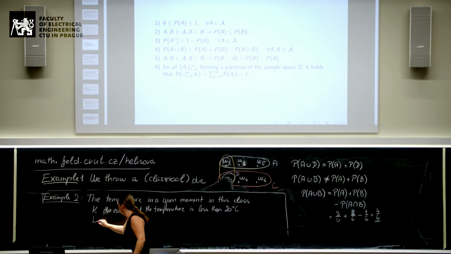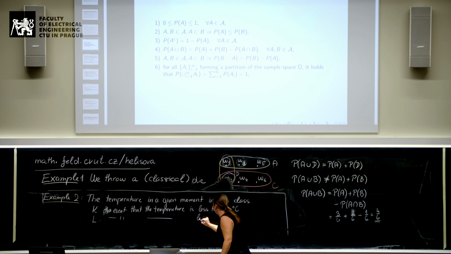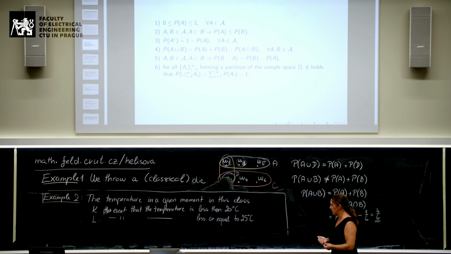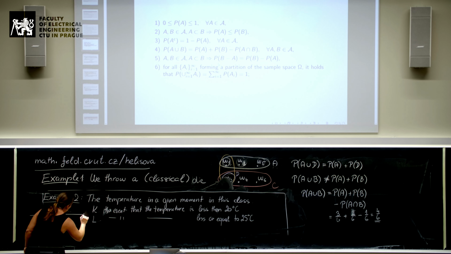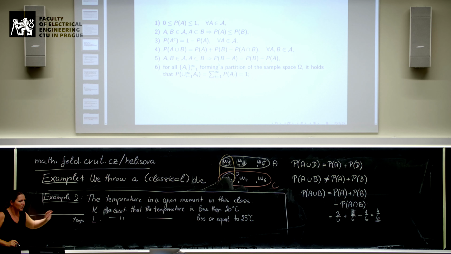Consider L, the event that the temperature is less or equal to 25 degrees. Now imagine the situation. Here, let's consider all elementary events which describe the concrete temperature. Here, we have our points from the events K and L.